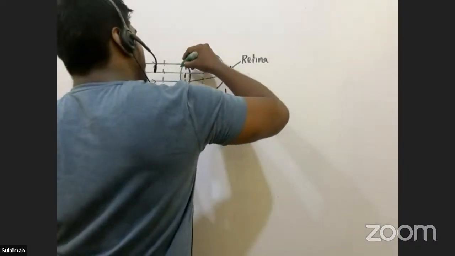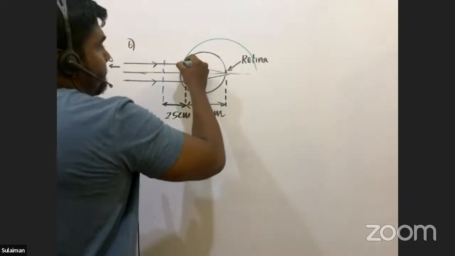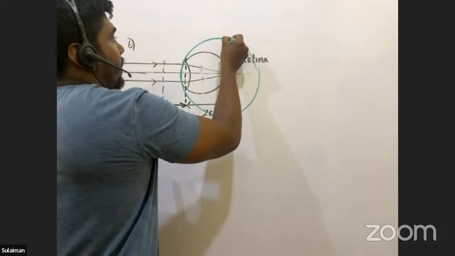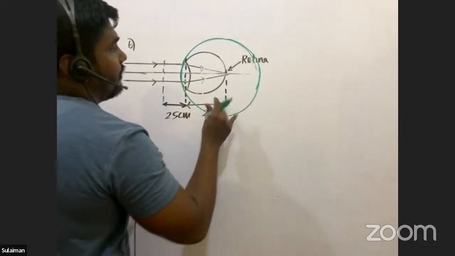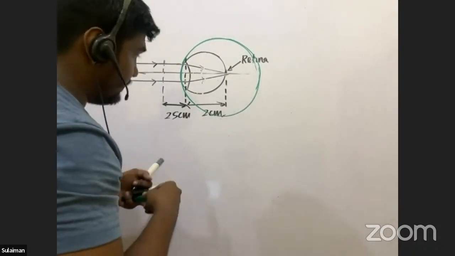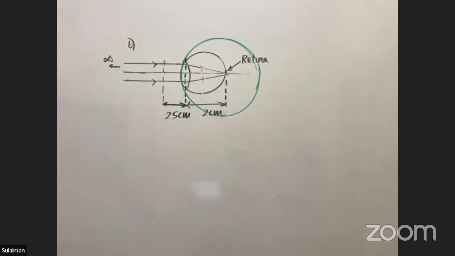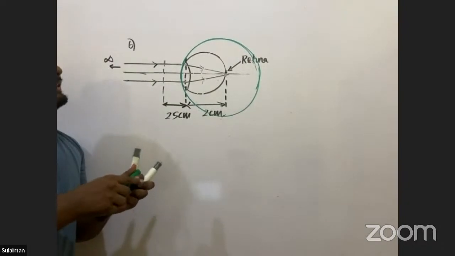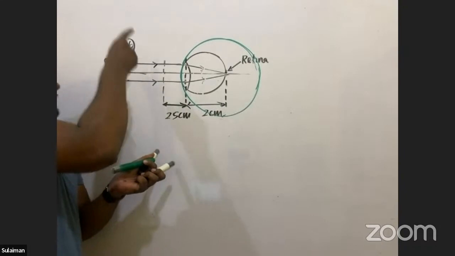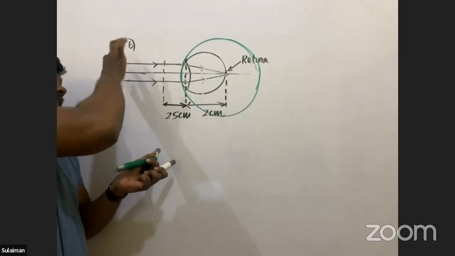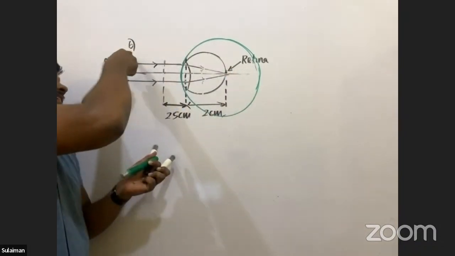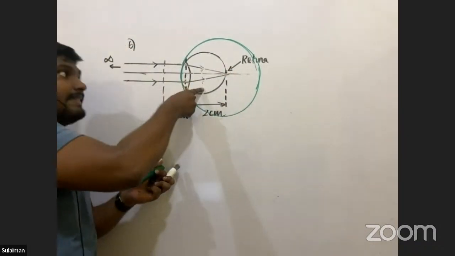Previously, even when the object was at infinity, the light rays were exactly converging on the retina. Therefore, an object placed at infinity, I can see.